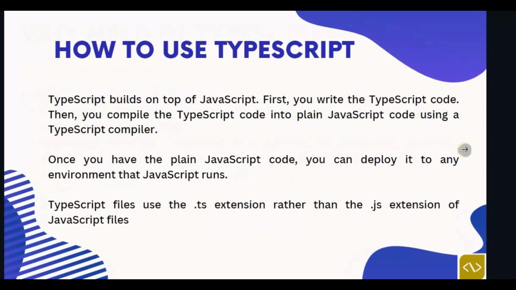Now if I talk about how we can use TypeScript in our application, TypeScript is built on top of JavaScript. First, you write TypeScript code, then you compile the TypeScript code into plain JavaScript code using a TypeScript compiler. Once you have the plain JavaScript code, you can deploy it to any environment that runs JavaScript.